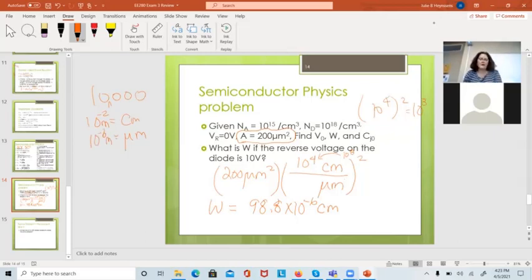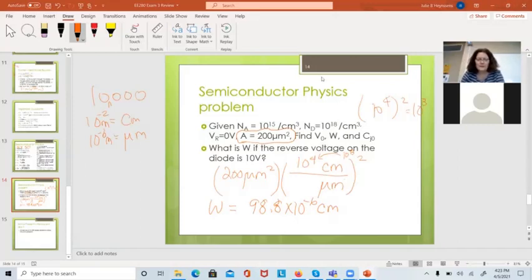So they're off by 4 zeros. Yes, there are 10 to the 4th micrometers per centimeter. The second version of that was correct. There are 10 to the minus 4th centimeters per micrometer. Okay.